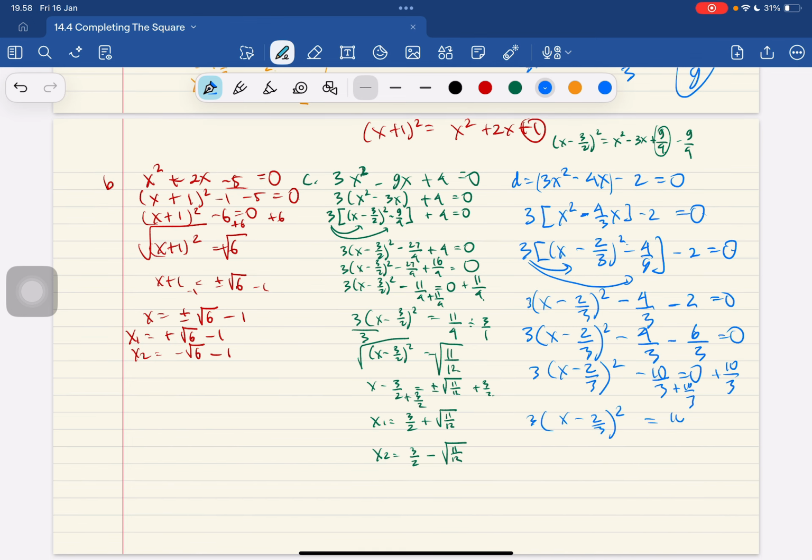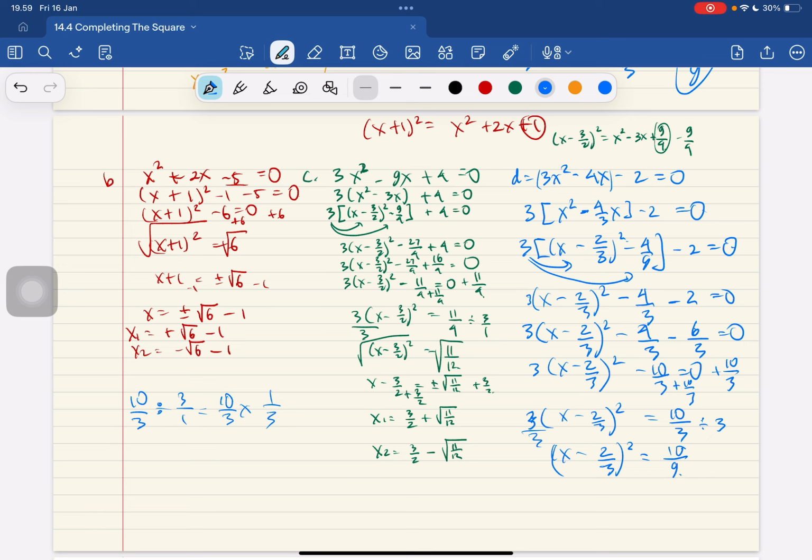So it's only (x minus 2 over 3) squared equal to 10 over 3 divided by 3, which equals 10 over 3 times 1 over 3, so this is 10 over 9. To get rid of the square, we take the square root on both sides. So x minus 2 over 3 equals plus or minus the square root of 10 over 3.